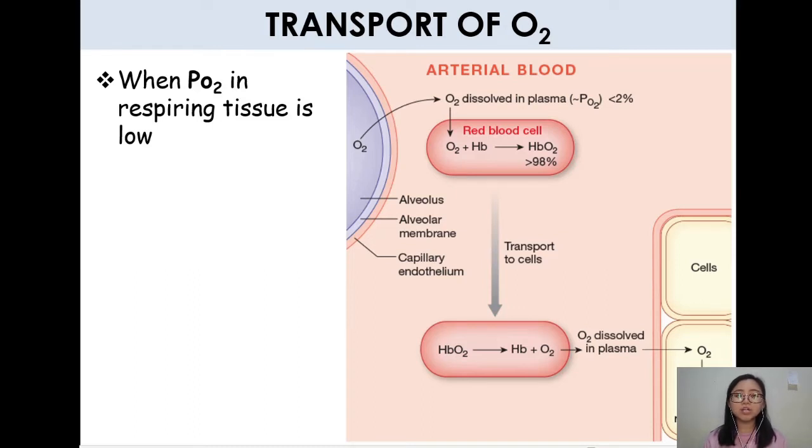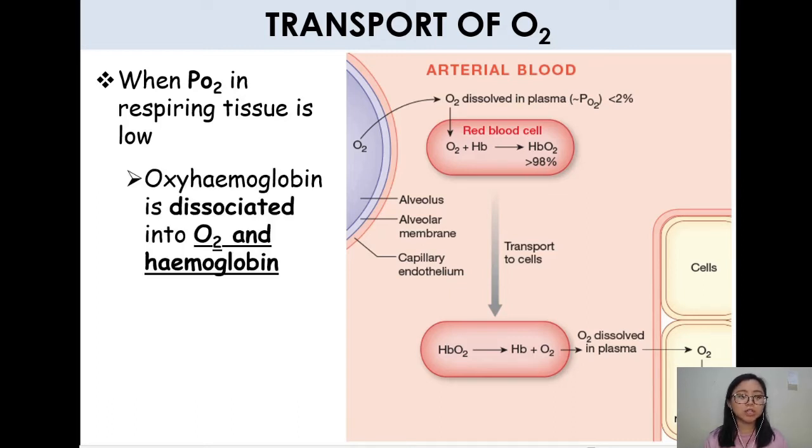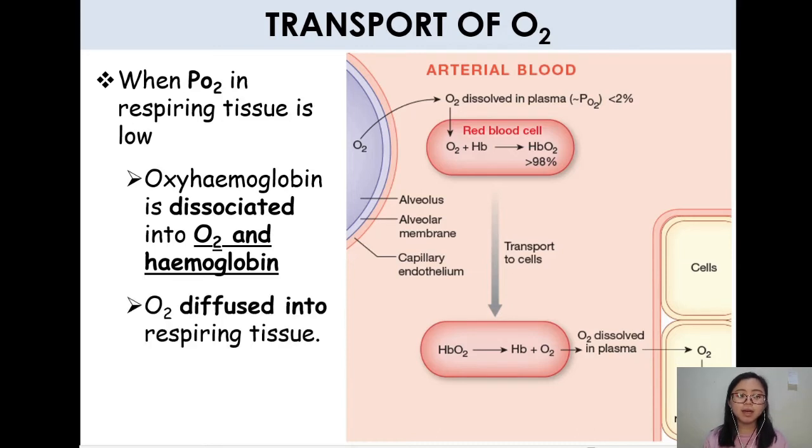So partial pressure of oxygen in the respiring tissue will be low. When partial pressure of oxygen in respiring tissue is low, oxyhemoglobin is dissociated into oxygen and hemoglobin. Dia akan pecah kepada hemoglobin dan oxygen. Oxygen will be diffused into the respiring tissue.